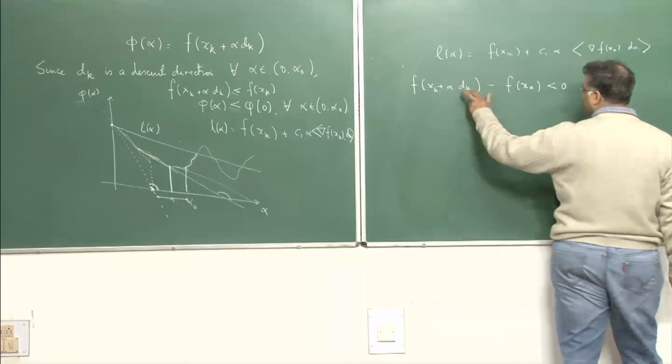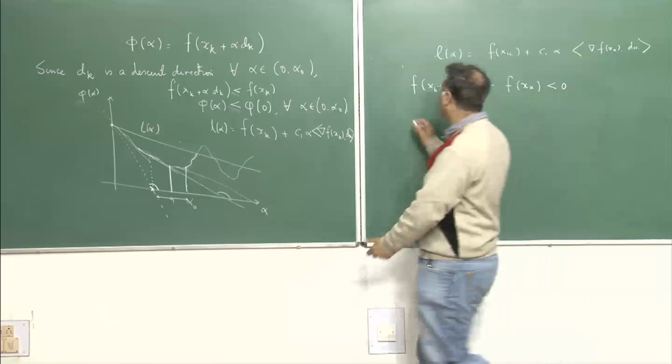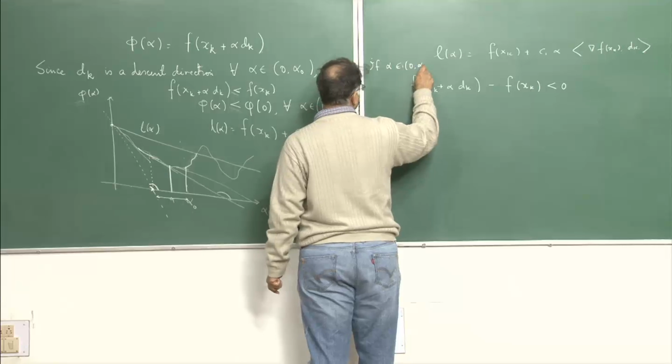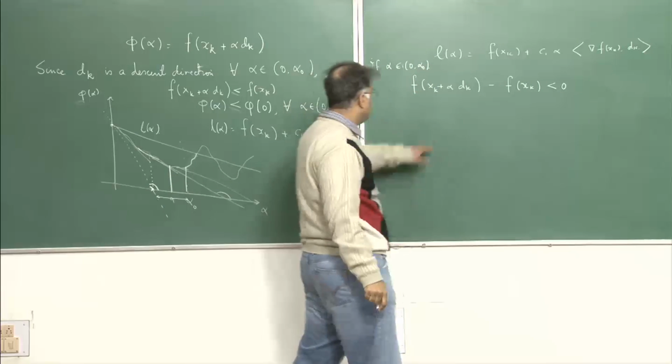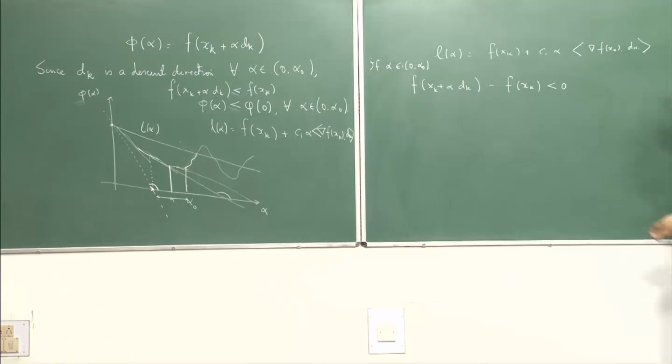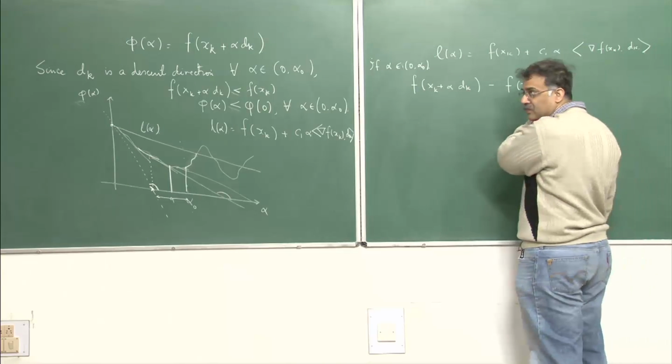So these are fixed for a given alpha. If alpha is between 0 and alpha naught, by looking at this diagram, then this difference is strictly less than 0. So it is some number.